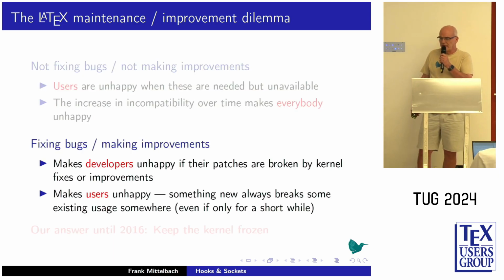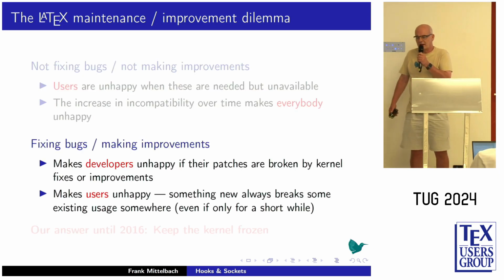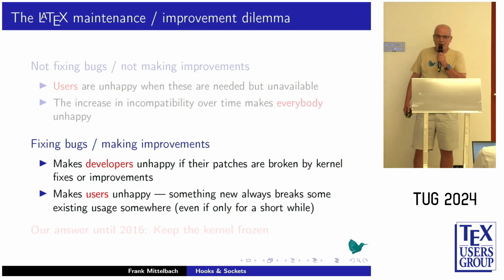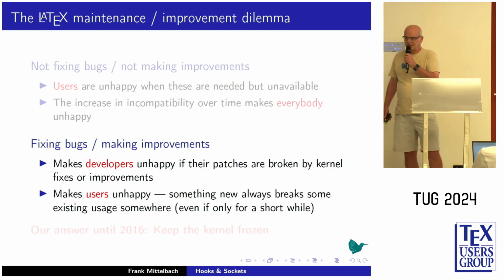The other possibility is we are doing bug fixes and we are making improvements. Now this makes the developers unhappy because we are fixing internal macros that they have overwritten. And then, as a result, their code is no longer working, or everything breaks down because after they overwrite our code again, it doesn't match with the rest of the LaTeX kernel.